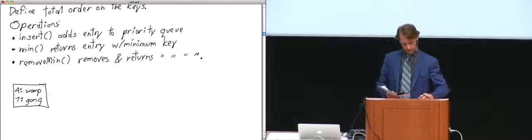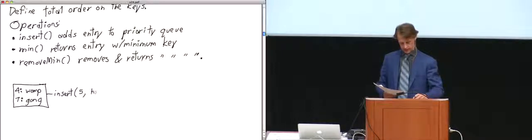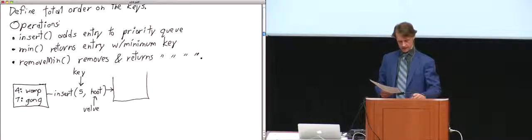And so if I want, I can insert a new entry with a new key like 5 and some additional information, a database record or whatever, that I will call the value. And so that essentially just throws that new thing into the priority queue.